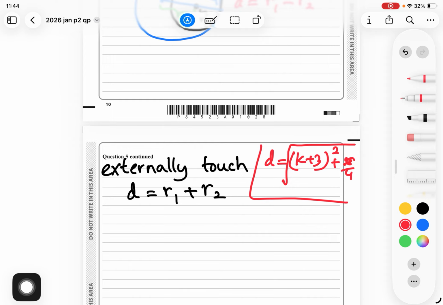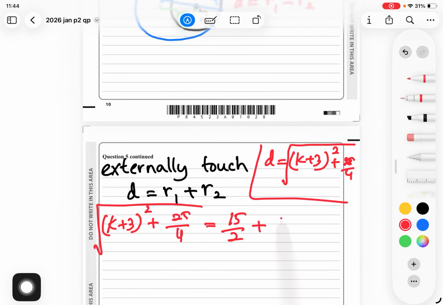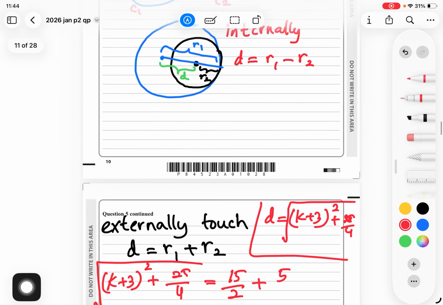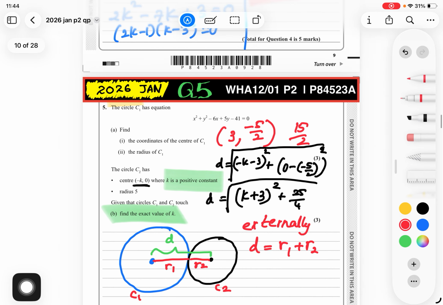Okay, now we have R1. So let's put this back into our question. We have this root equals R1, which was 15 divided by 2, plus 5. So these are the pieces of information that we had.